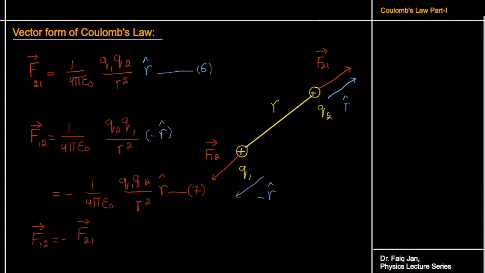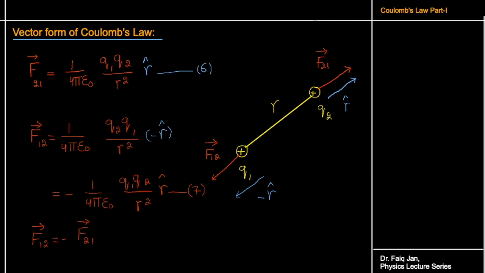This expression tells us that Coulomb's law of electrostatics obeys Newton's third law of motion. The electrostatic force is mutually interactive. The magnitude of force will be same, but direction of the force will be opposite.